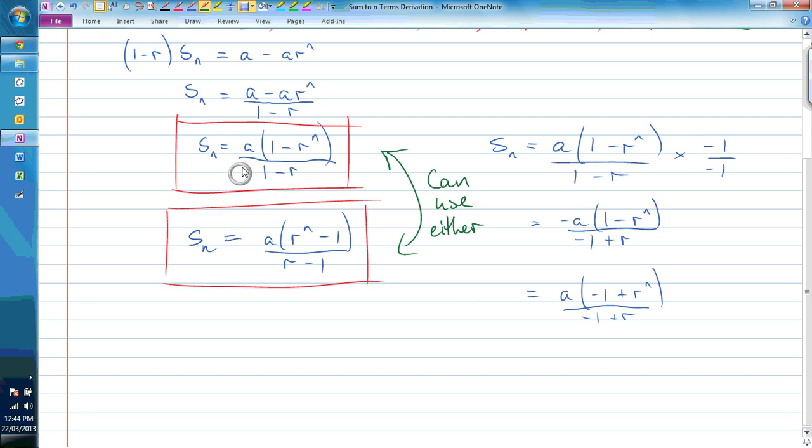I prefer this one because it looks like the sum to infinity formula that we're going to talk about later. And both will always work. It's just if you choose this one when your common ratio is bigger than 1, you won't have to deal with the negative signs that are involved. But either one's fine, or you can learn to use both of them and choose which one you use in different circumstances. And that's where the sum to n terms of the geometric sequence comes from.